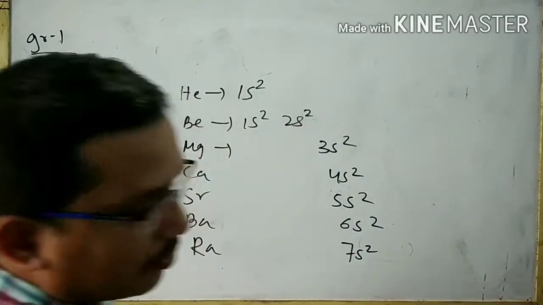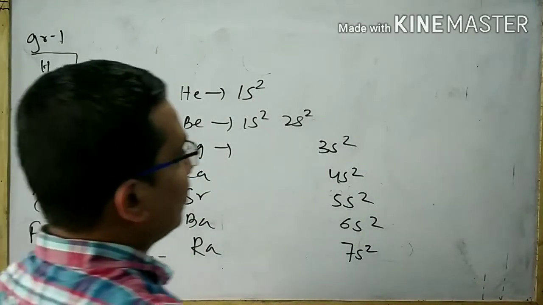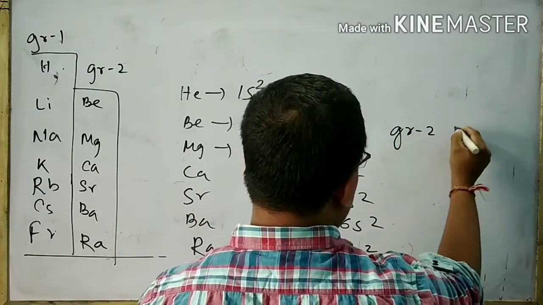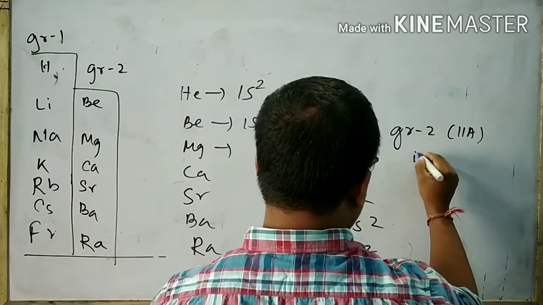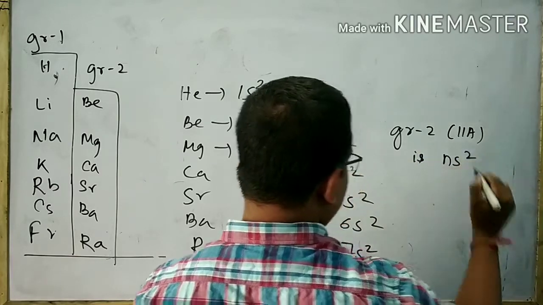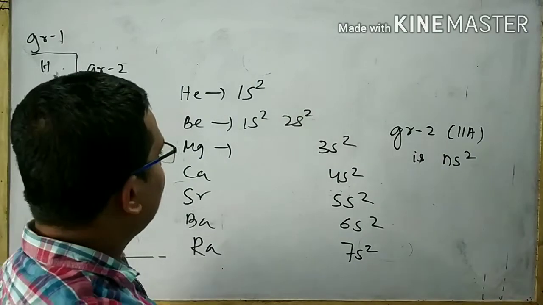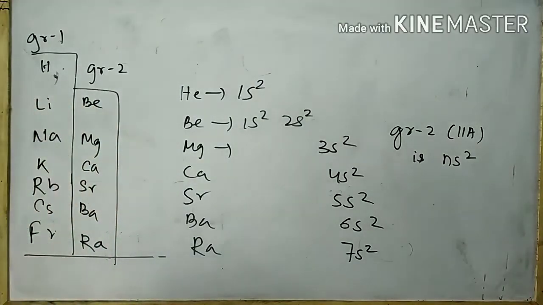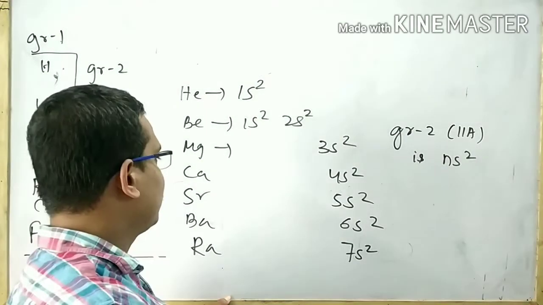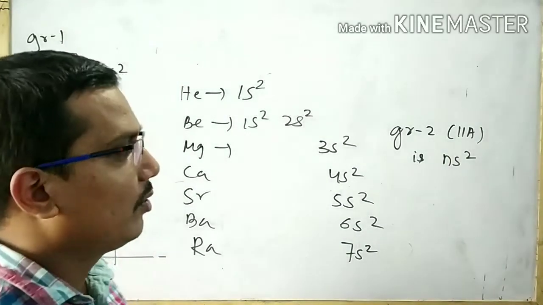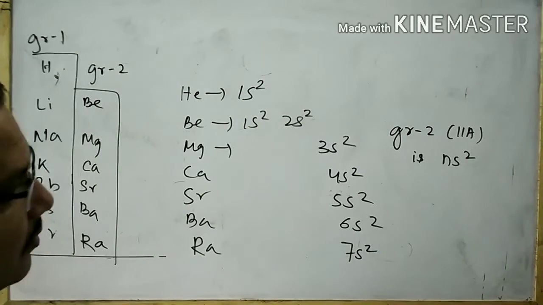From the electronic configuration, it is clear that the general electronic configuration of group 2, that is IIA, is ns2. For a helium atom, n is equal to 1. For beryllium atom, n is equal to 2. For magnesium, n is equal to 3. You can also think about the other atoms, what is the value of n.